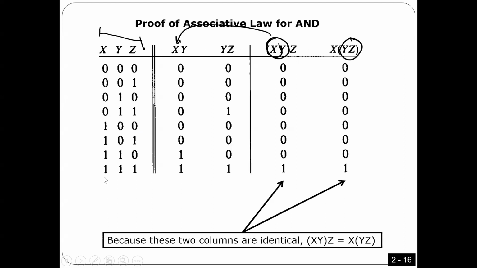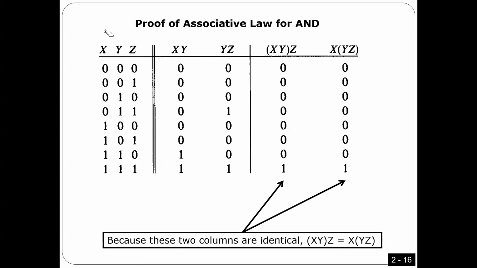Here we have 1 and 1 and 1 and 1, so it has to be 1 and 1, because this is AND. Same thing for y AND z. Here we have 2 zeros, don't think about the other input, 0. Here we have 1 and 0, so 0. We have 1 and 1, we're gonna get 1. 2 zeros, I don't care about the other input. We have 0 here, should be 0, and then 1 and 1.